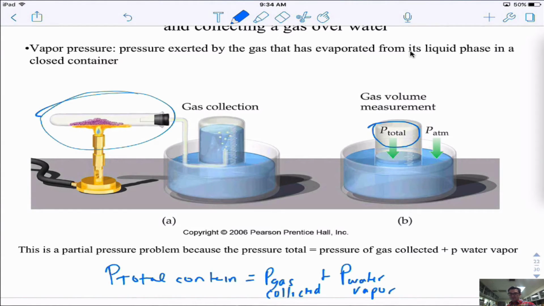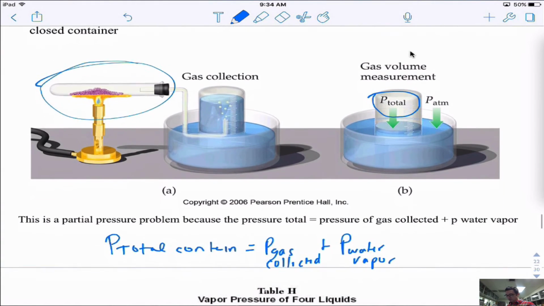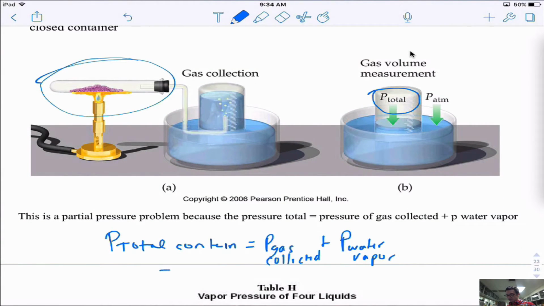So let's say, for example, that I collected that hydrogen gas that we lit on fire, and I know the outside pressure, which is equal to the container pressure, is about 760 torr. I can look up on a chart what the vapor pressure of water is at any temperature. So let's say I know the water vapor pressure is maybe 20 torr at that temperature.